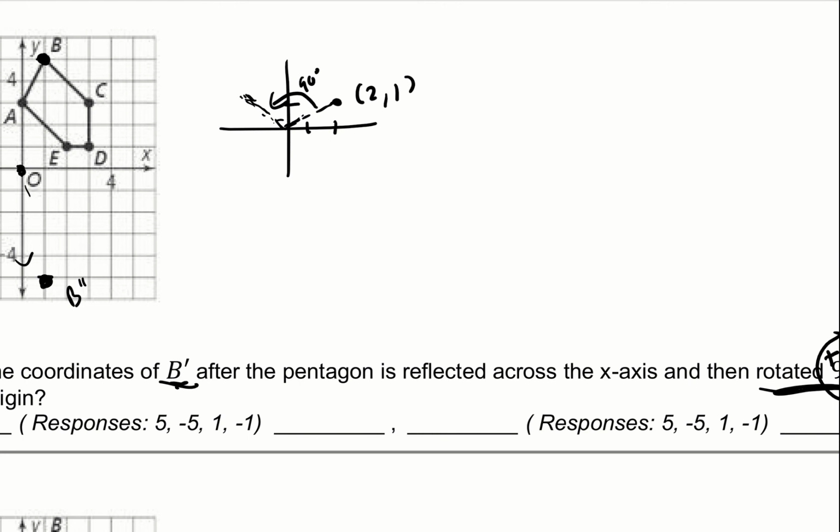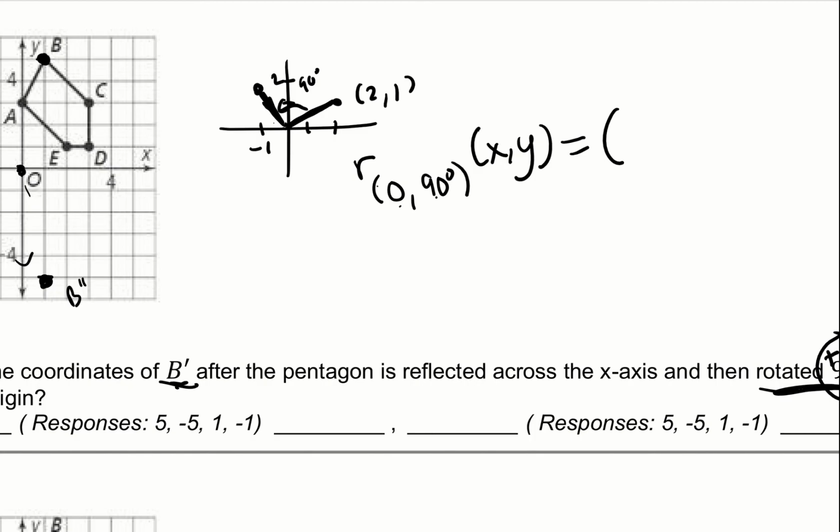And so it'll look something like this. Let me go ahead and draw this a little bit better. So it'll look something like that. This will be rotated 90 degrees, and then the new coordinates will be -1 and 2. So the rule for rotation about the origin 90 degrees, and this is the symbol that I use for that, rotation about the origin 90 degrees of the coordinate x, y.